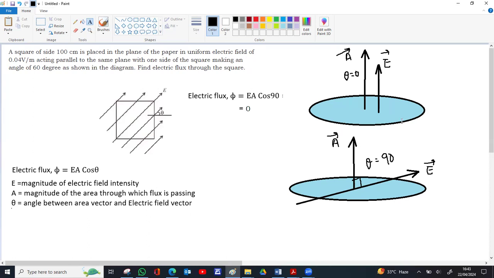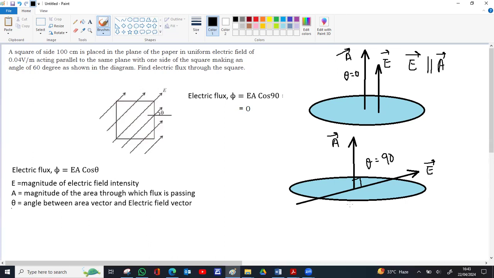So it's important to check that theta is not the angle given as side and electric field. Theta is the angle between the electric field intensity and the area vector. Theta will be 0 only when electric field lines are normal to the surface, because the area vector is also normal to the surface. In that case, both the E vector and A vector are parallel to each other.